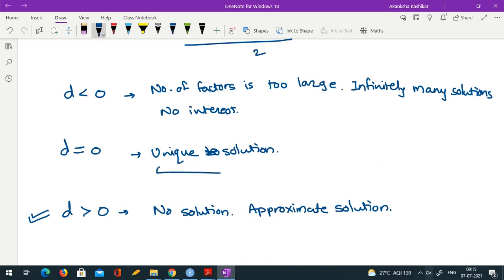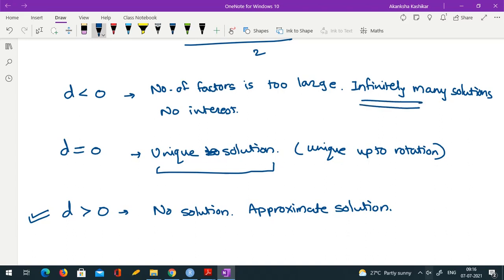By the way, even when I say unique solution, it is called unique up to rotation. What do I mean by that? By rotating, I can still get multiple solutions like we discussed yesterday, but those solutions will be rotated versions of each other. They are not completely independent new solutions. Whereas when we say infinitely many solutions, they are independent of each other, not even rotated versions of each other.